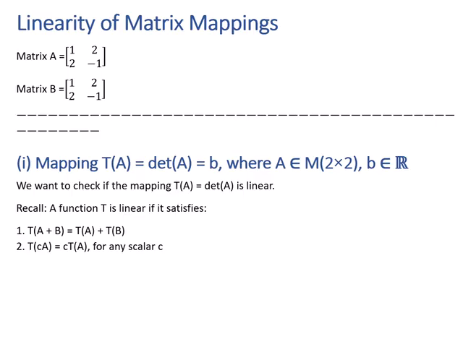Recall, a function T is linear if it satisfies the two conditions. That is, T of A plus B is equal to T of A plus T of B. Then the second condition is T of CA is equal to C of T of A for any scalar C. Here, our scalar is C. From the definition, the scalar there is alpha.